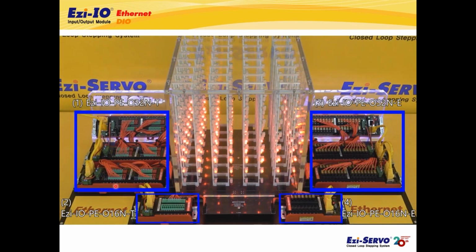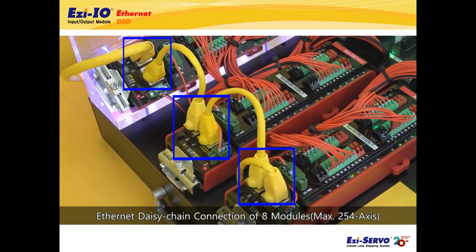Terminal block type output 32 channels 3 units and output 16 channels 1 unit. Econ connector type output 32 channels 3 units and output 16 channels 1 unit. That is, a total of 8 Ezi-IO Ethernet DIO products are connected in a daisy chain via one Ethernet network and controlled at the same time.